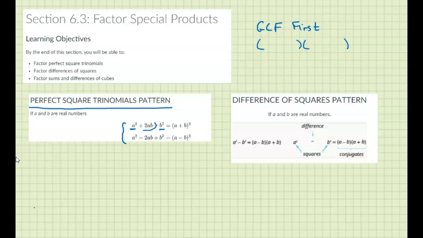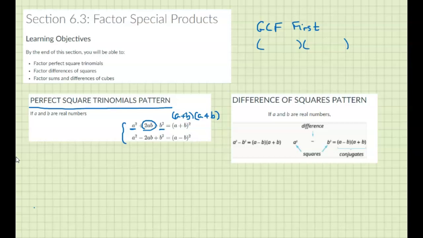And the middle one is twice a times b, so it's twice the square root of the first and the last. If that's the case, then this factors into two identical parentheses, a plus b times a plus b, which, because there's two of the same, you write as a square.